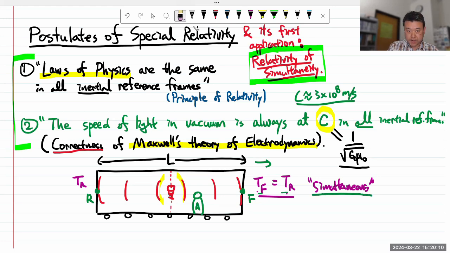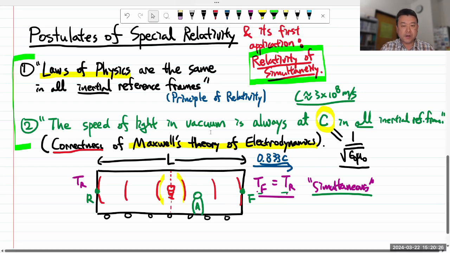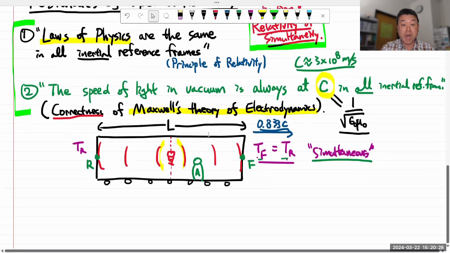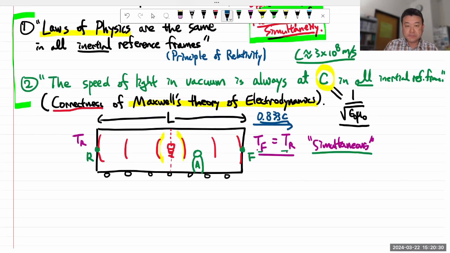Now we want to imagine that this train is moving at some decent speed, let's say 0.833 c, about 83% of speed of light. Very realistic. And we're going to introduce a new person, Bob, who's not on the train, but he's the station manager.